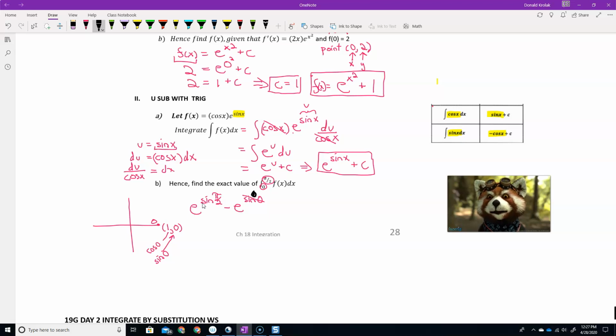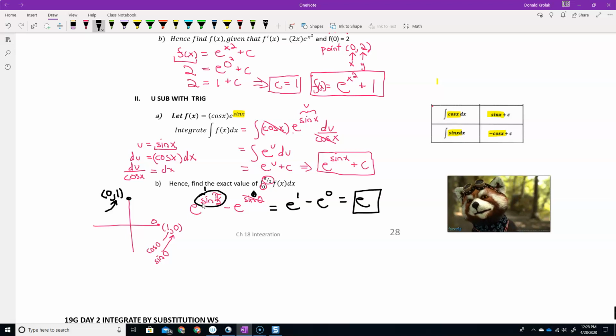And then at pi over 2, our unit circle has the coordinates 0, 1. So our sine at pi over 2 is equal to 1. So I just end up with e to the first minus e to the 0, which is just e minus 1.